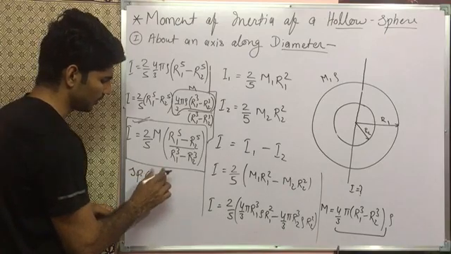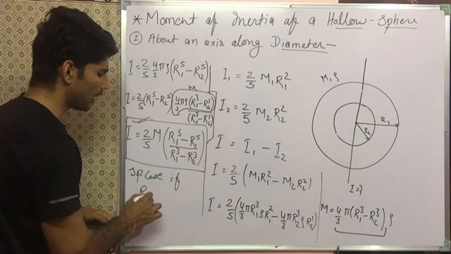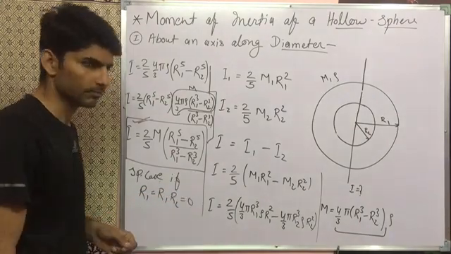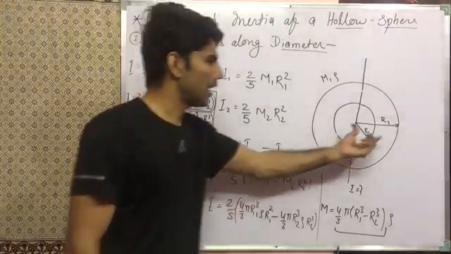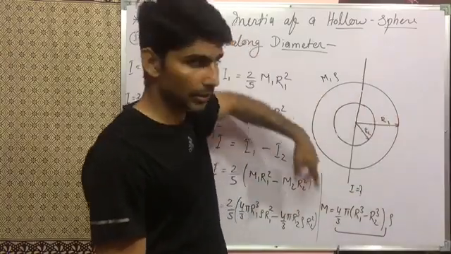So this is the moment of inertia for a hollow sphere, and in a special case, if R1 is capital R and R2 is 0, this means we are assuming a complete sphere.